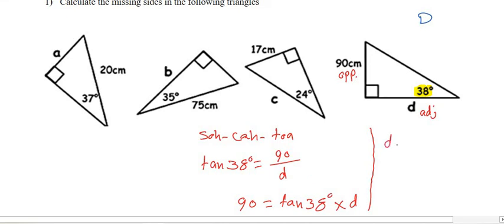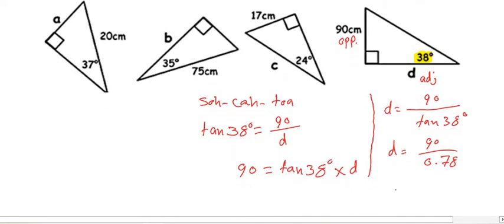So D equals 90 divided by tan 38, which equals 115.38 centimeters, and this is the required.